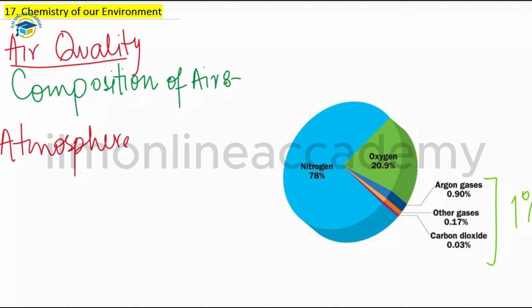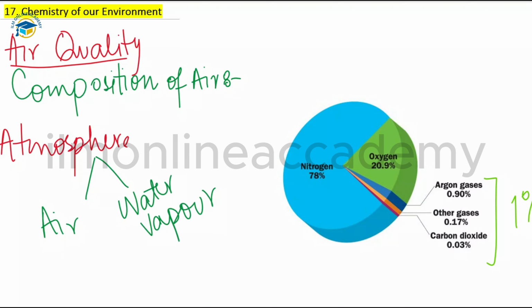So this is the composition of clean dry air after removing water vapor from the air, because the atmosphere is a layer of air plus water vapor that surrounds the earth. If we remove the water vapor, we have the composition of clean air shown in this figure.